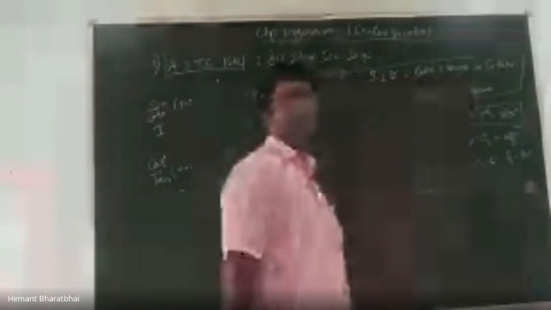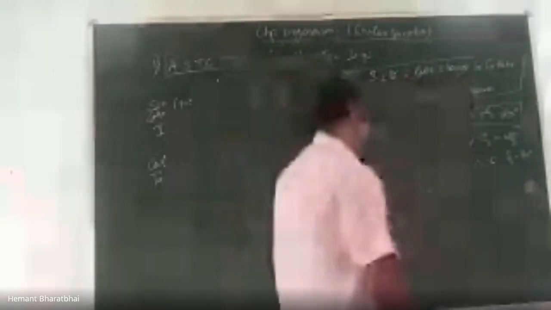Similarly, dividing 180 degrees by 3 on both sides, pi by 3 radians is equal to 60 degrees. So this is how we can write radians in degrees or degrees in radians. It's very simple and very easy.